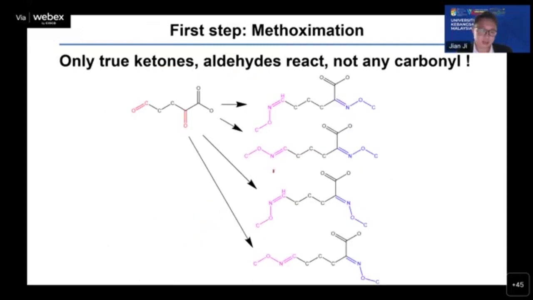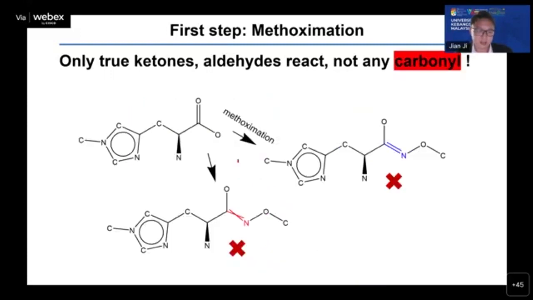But this step will generate lots of isomers. Like this one, we have the alpha keto position here, and also the aldehyde here. After methoximation, you will get 4 different isomers, which means this compound will generate 4 different isomers. Look at this case.